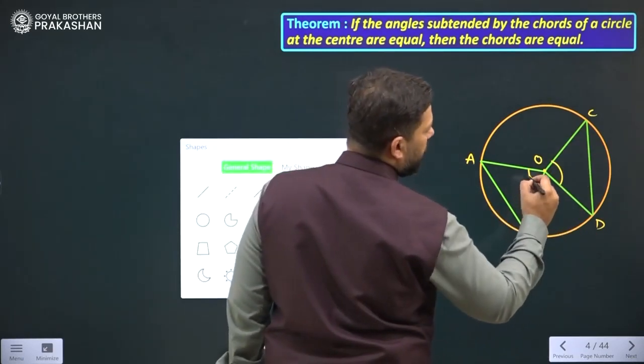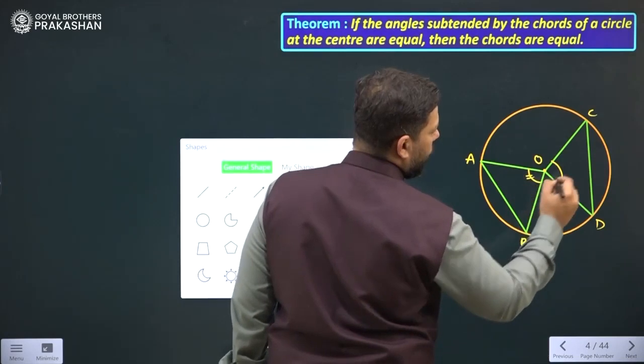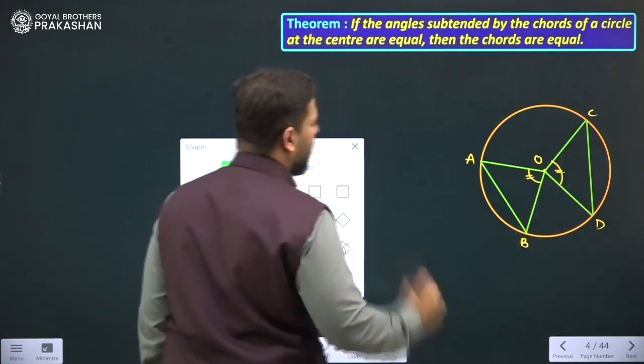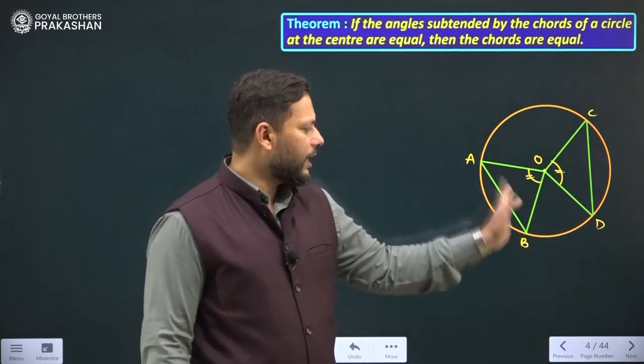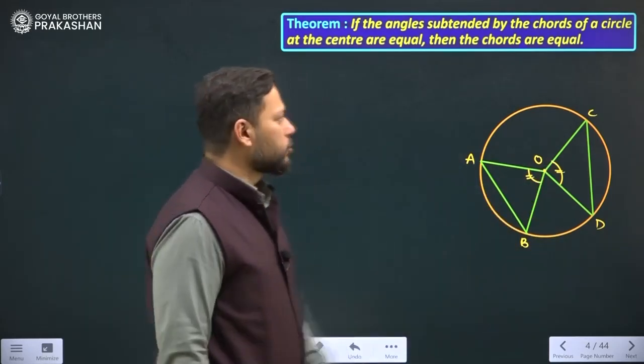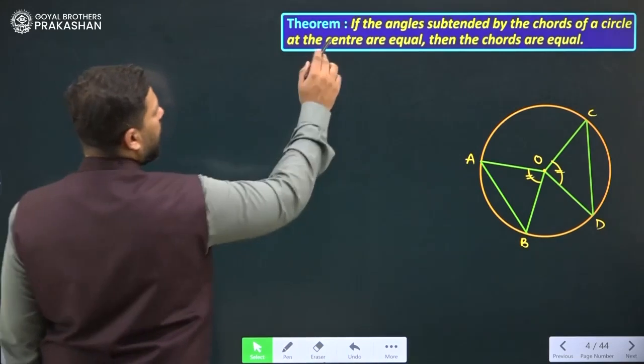And what is being given to us? That this angle AOB is equal to angle COD. This is given to us and we need to prove that AB is equal to CD. So let us write what is given in the statement.